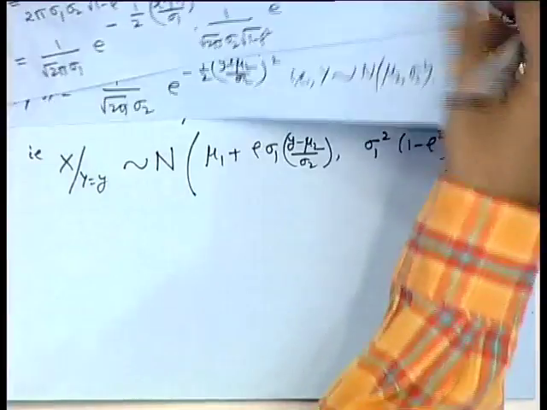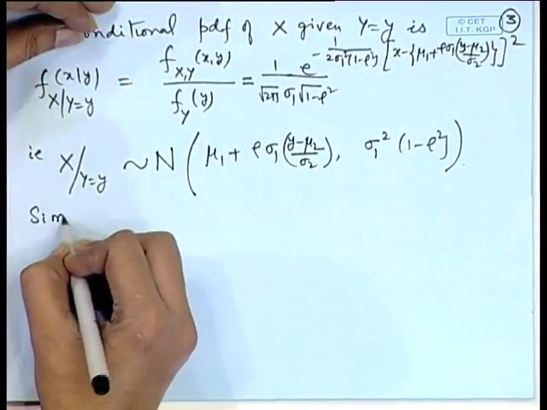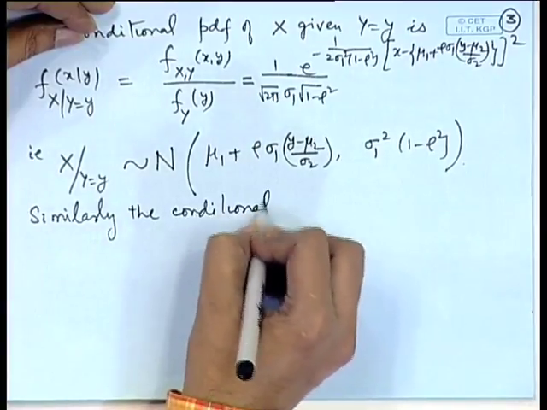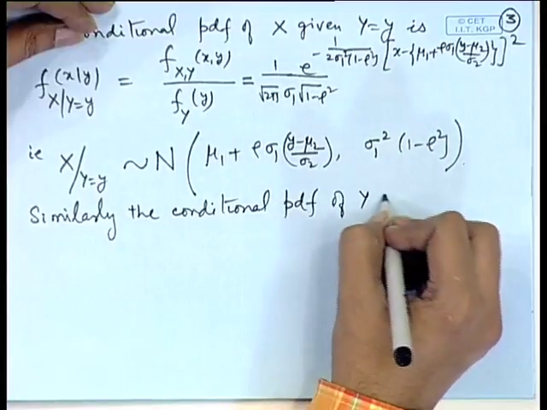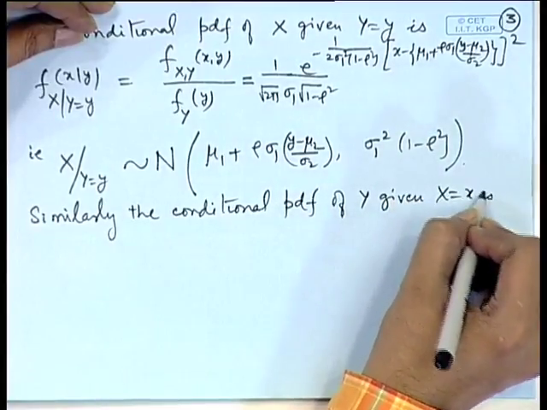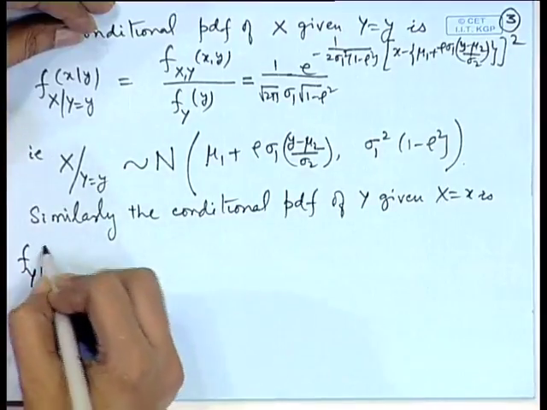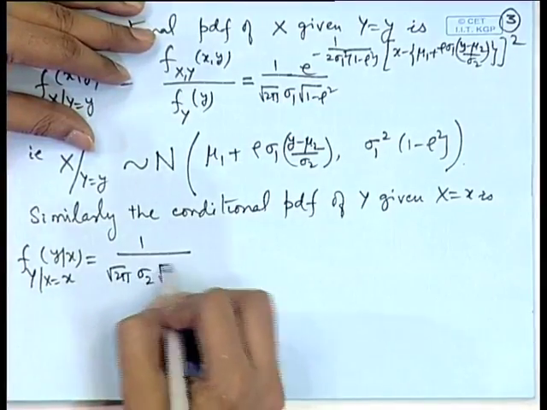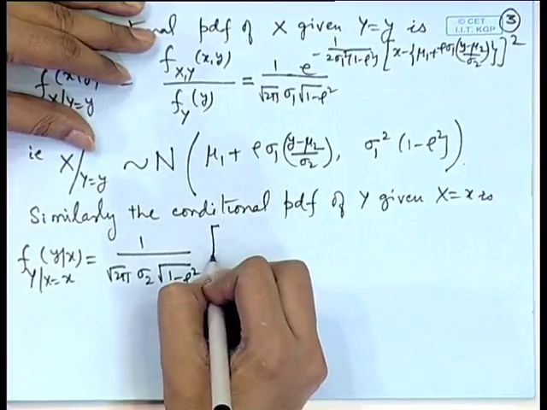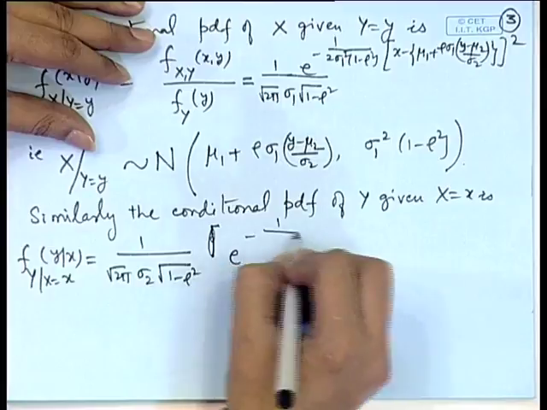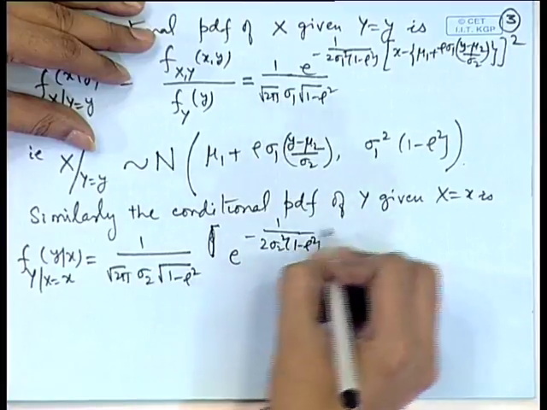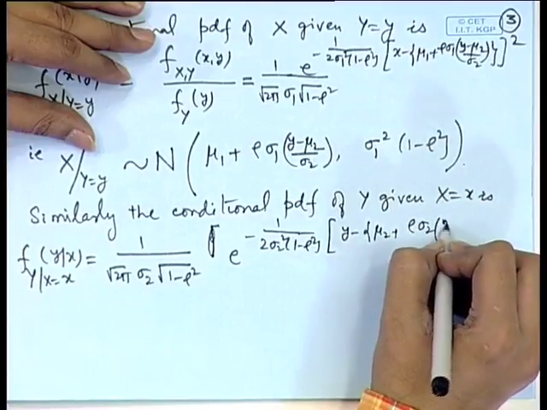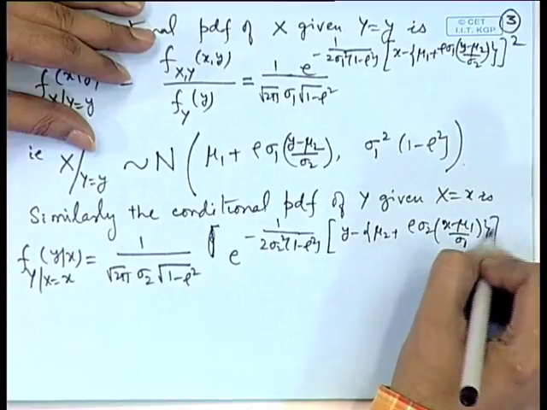So, similarly the conditional PDF of y given x is obtained as 1 by root 2 pi sigma 2 root 1 minus rho square e to the power minus 1 by 2 sigma 2 square 1 minus rho square (y minus mu 2 plus rho sigma 2 (x minus mu 1) by sigma 1) whole square.